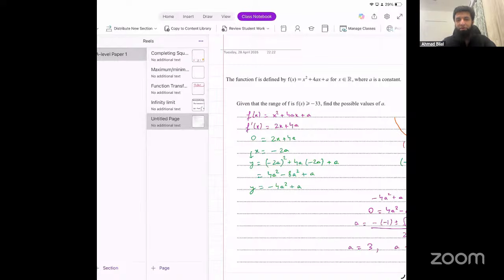Do not skip the whole question. A lot of times what happens is you're not able to do one part, but the next part is relatively easier. So you do that as well, and then you move on. And then you come back to that question at the end of the paper afterwards.